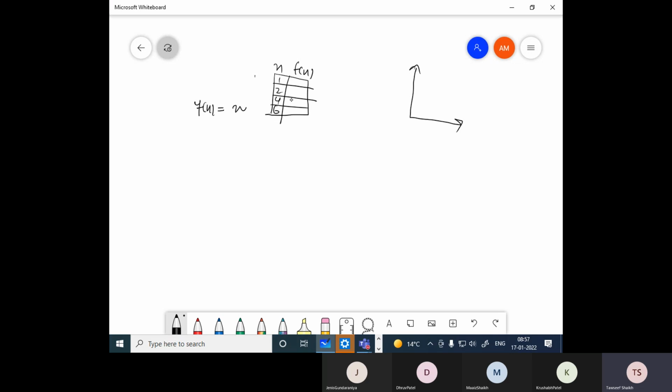As it is a function, f(n)'s value will depend on the value of n. Since it is linear, whatever value n takes, f(n) will take the same value.